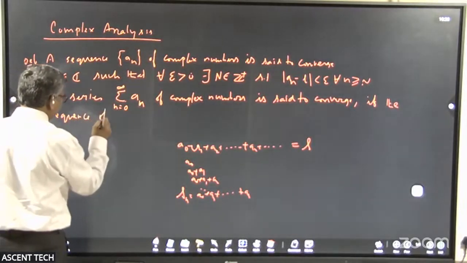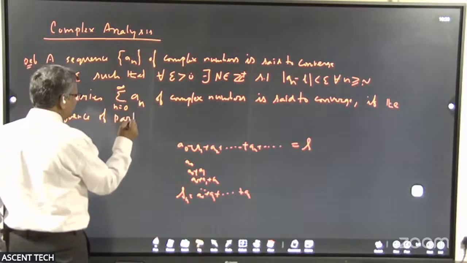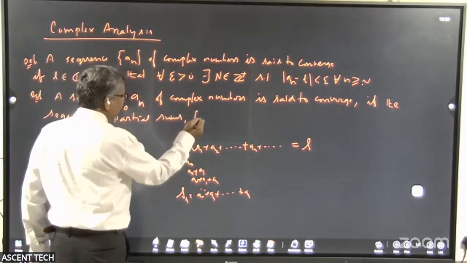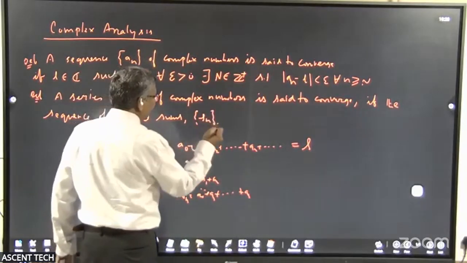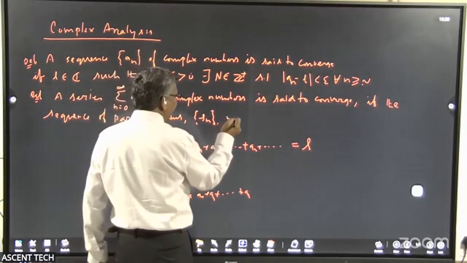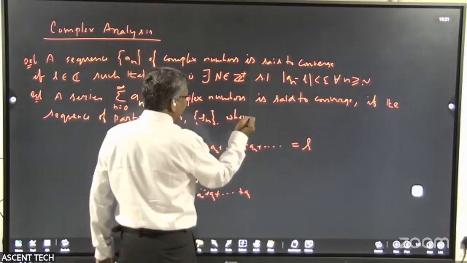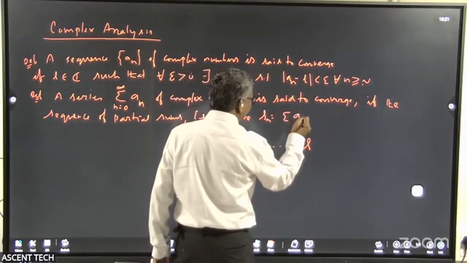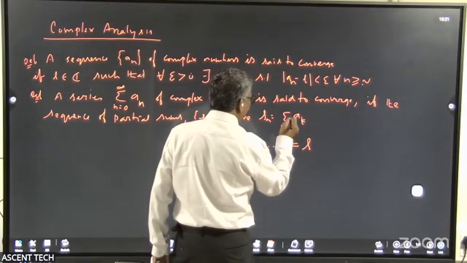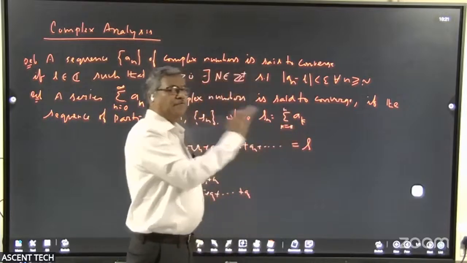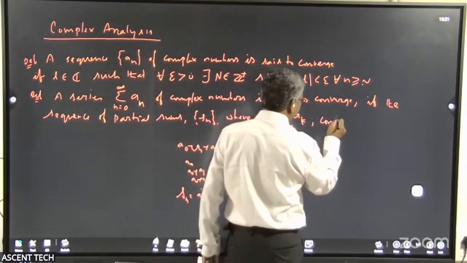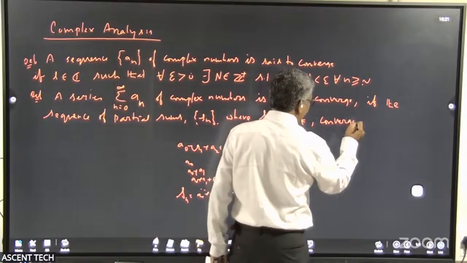The sequence of partial sums is S_n. What is S_n? S_n is the sum of a_k, k equal to 0 to n, the sum up to the first n terms.